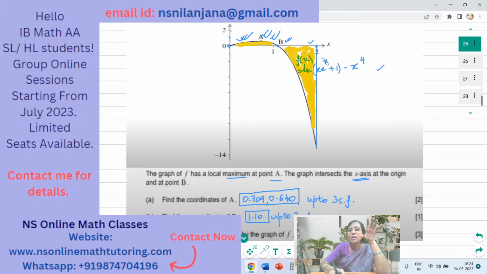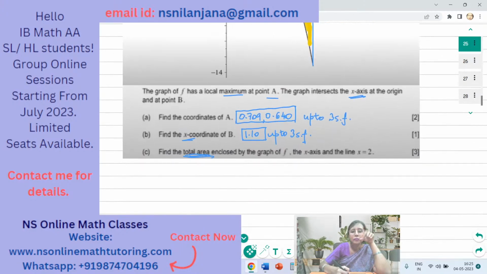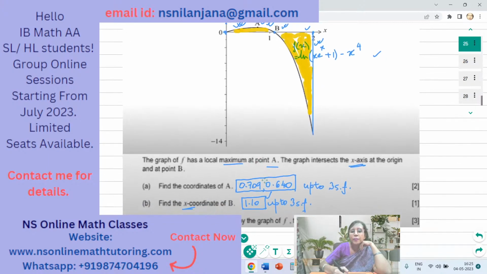But when we do the same thing for this part, this will be between 1.1 and the coordinates of point A. Oh, sorry, sir, it is the 2.